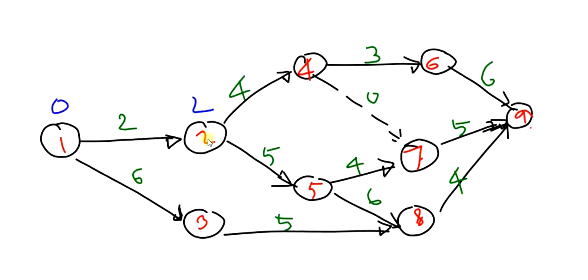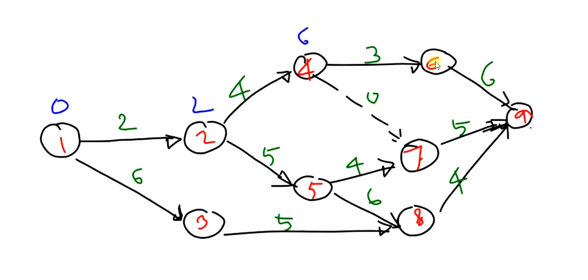Now we will travel from 2 to 4. For event 4, what will be the TE value? It will be the TE value of event number 2, the predecessor event, plus the activity duration. So it will be 2 plus 4, that is 6.